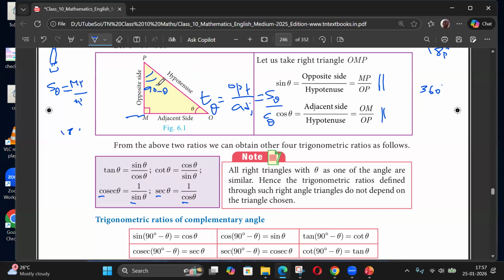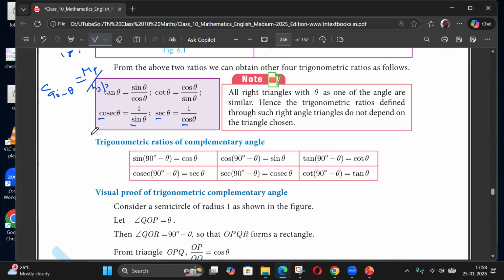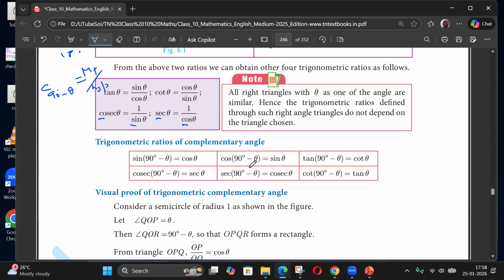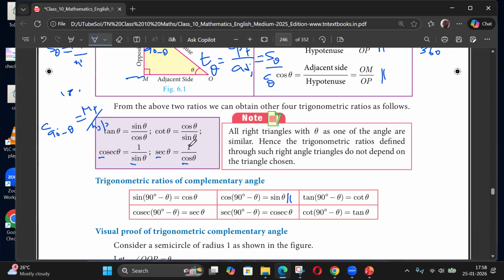If we take cos of 90 minus theta, that will be MP by hypotenuse, which matches sine theta. So you get the relation: sine of 90 minus theta is cos theta. This one I have proved. Similarly, for this angle, I'll take sine.